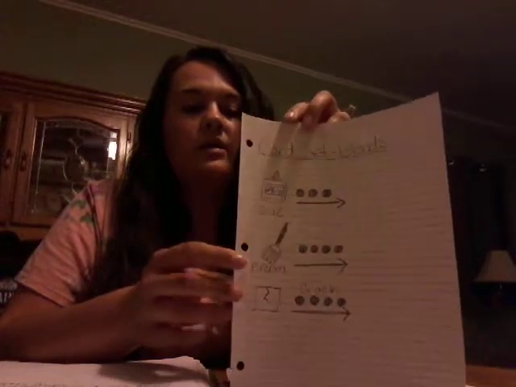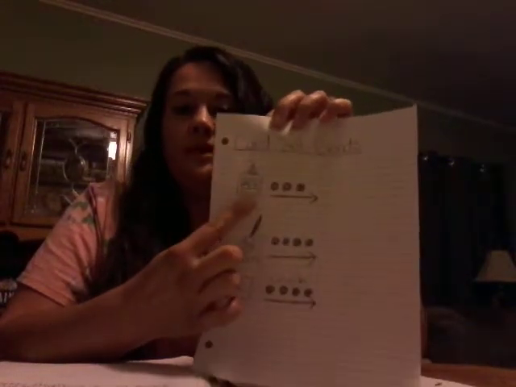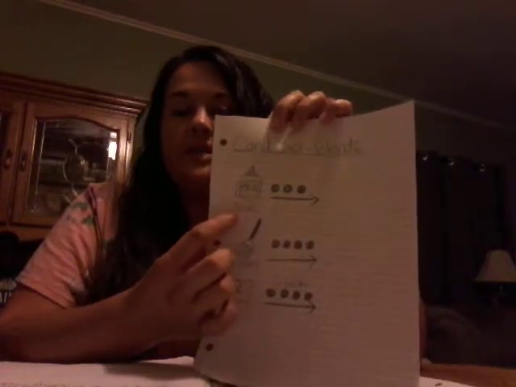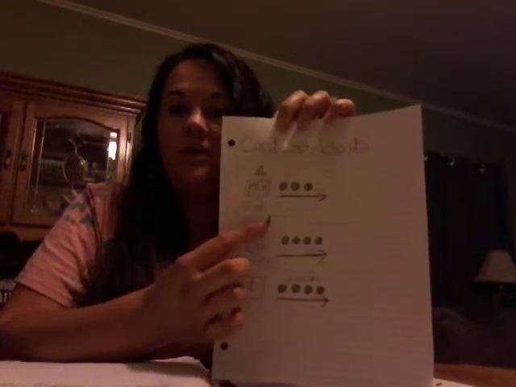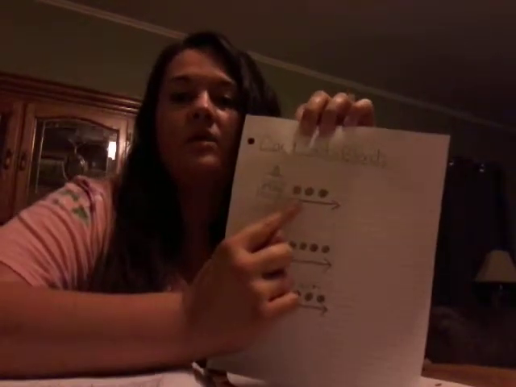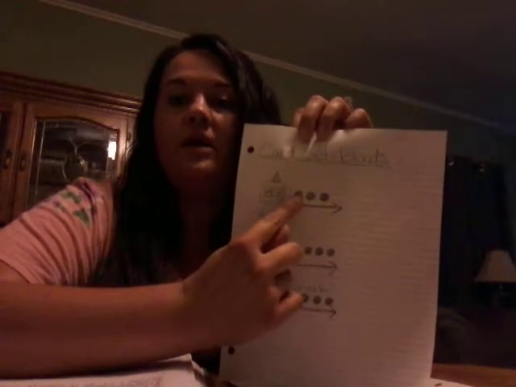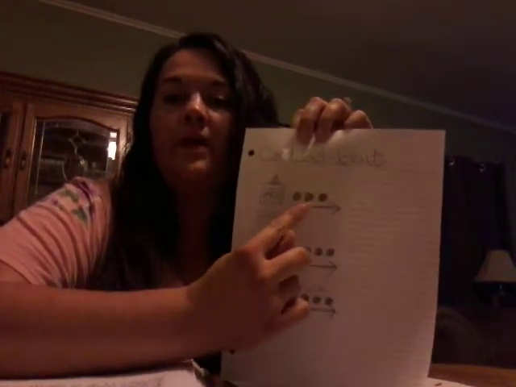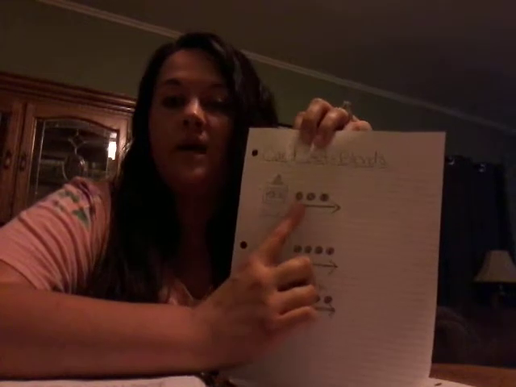So this is where students see a picture of the object. This is a glue bottle, and then it says glue. It says the word under it. And these dots here are for students to put their finger on and follow each sound in the word.